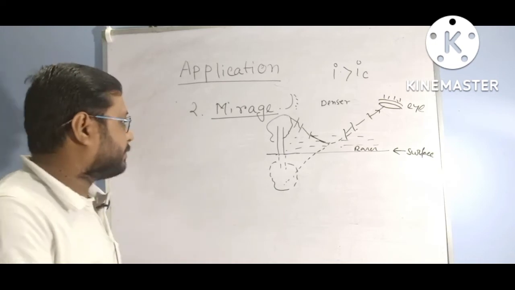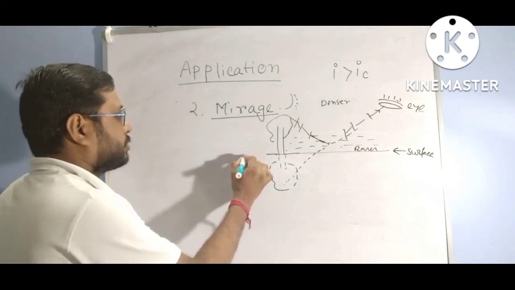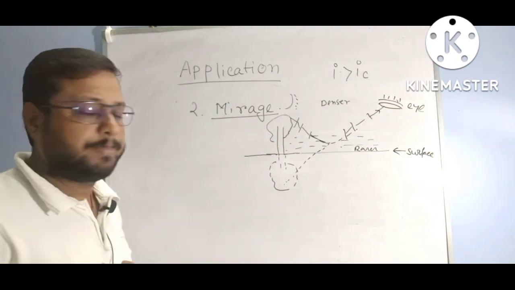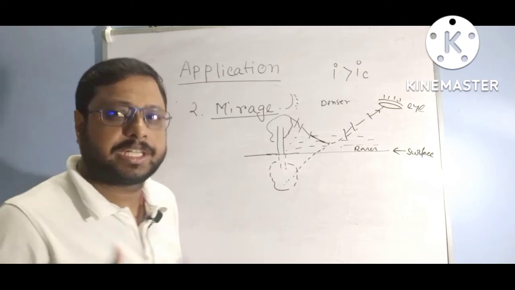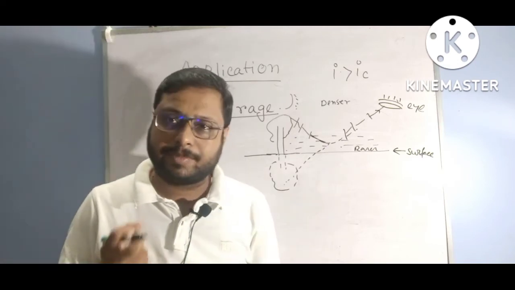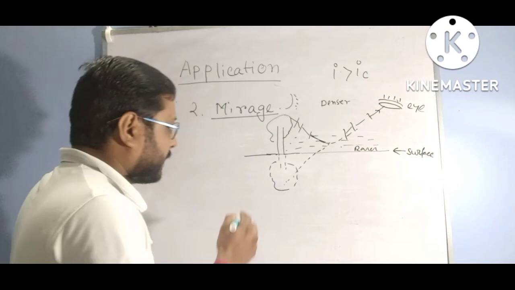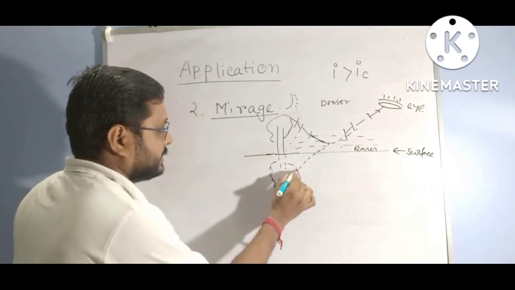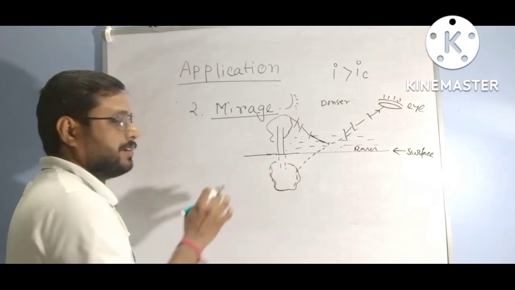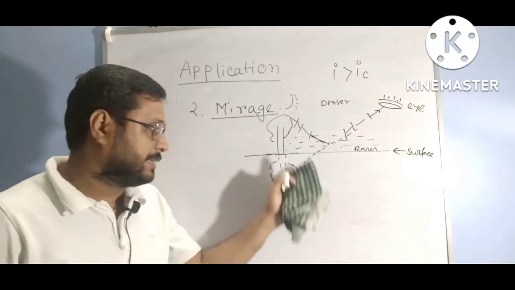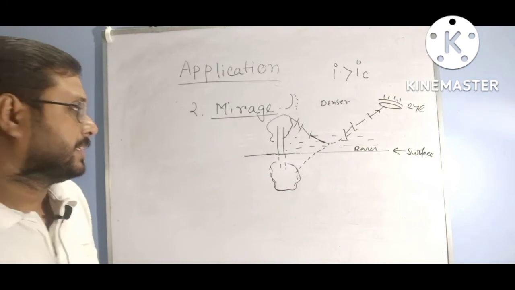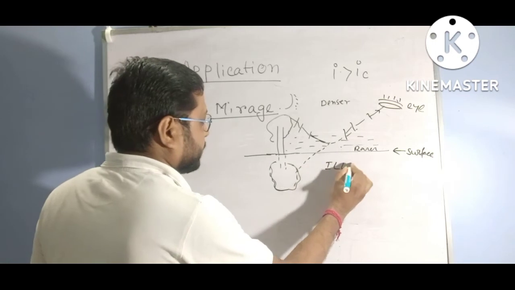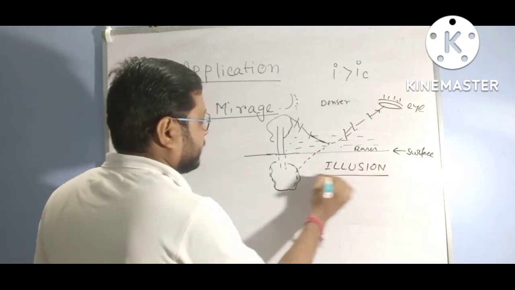As the refractive index of the air changes due to temperature change, refractive index is dependent on temperature. Due to increase of temperature, refractive index decreases. So as the refractive index changes, we can see the tree vibrating or shimmering. So this is an optical illusion due to total internal reflection.